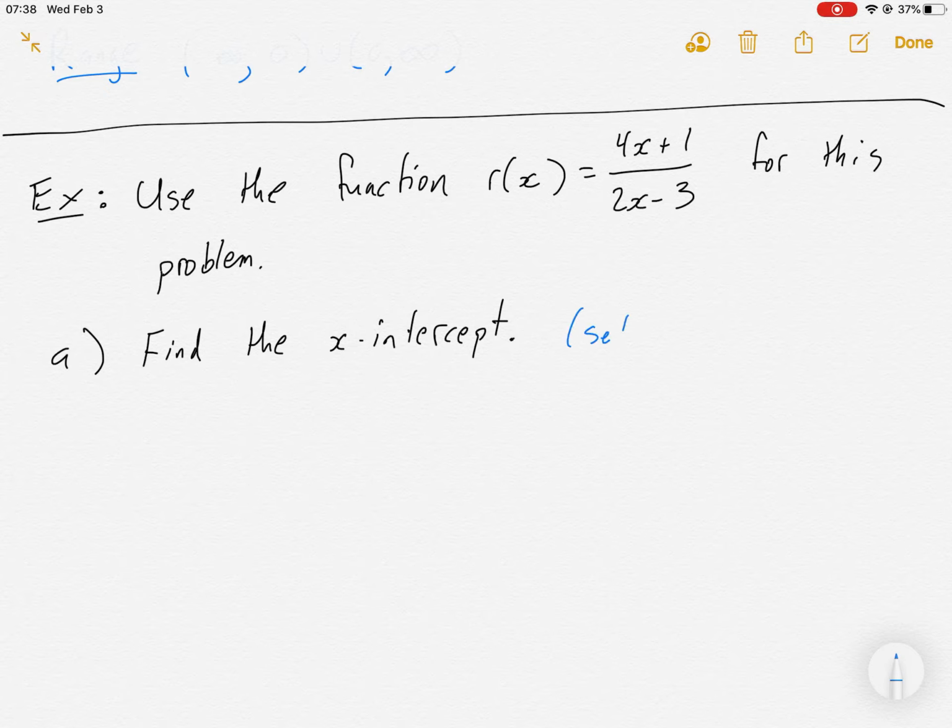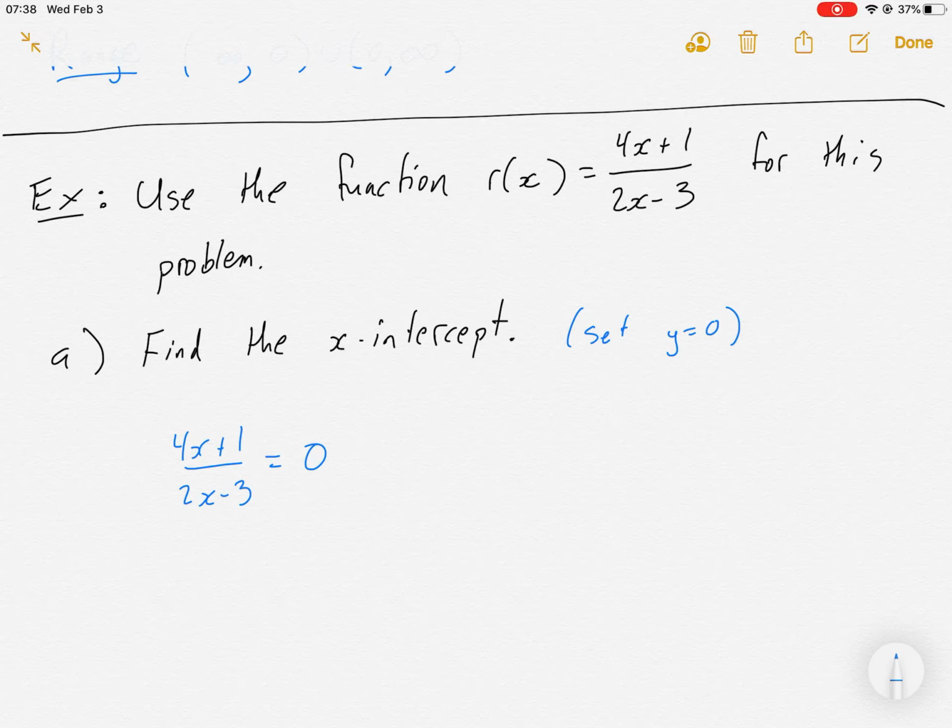In order to find the x-intercept, you always set y equal to 0, because if you look at the graph, the x-intercepts have a y value of 0. So I'm just going to rewrite this function so that it's 4x plus 1 over 2x minus 3, and then all of that equals 0.